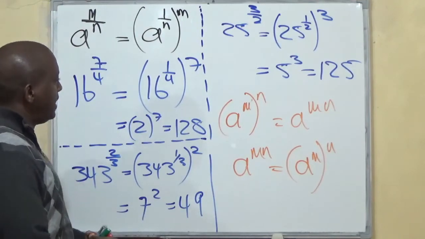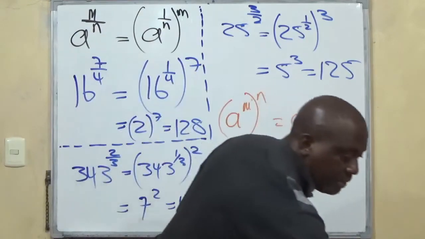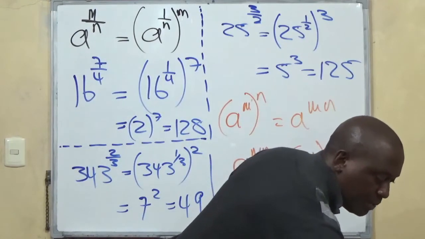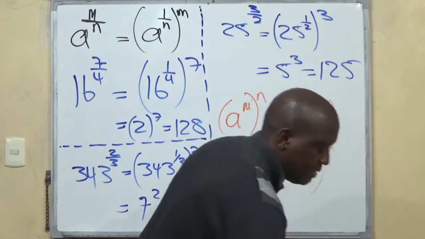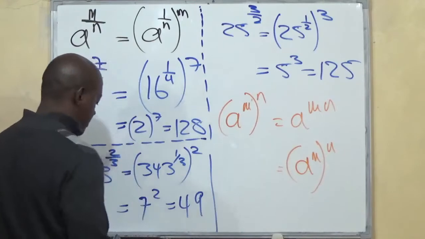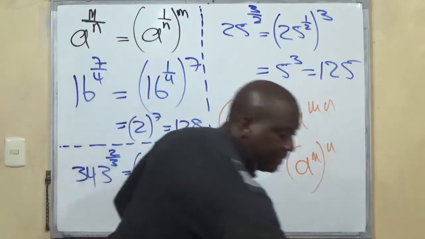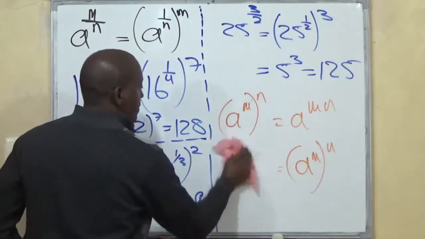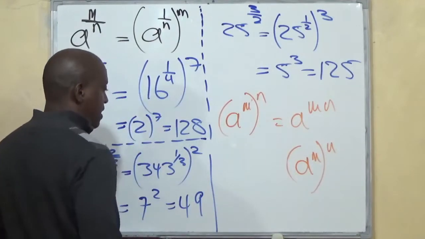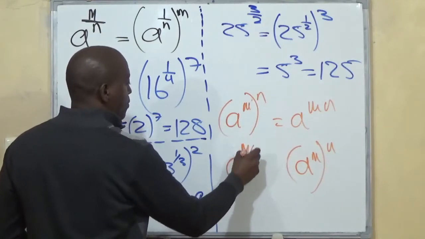So instead of a to the mn, where we had m multiplied by n, we have a to the power of m over n.